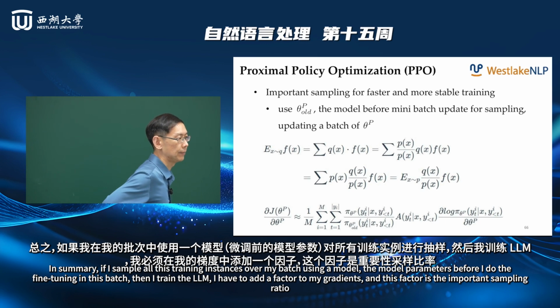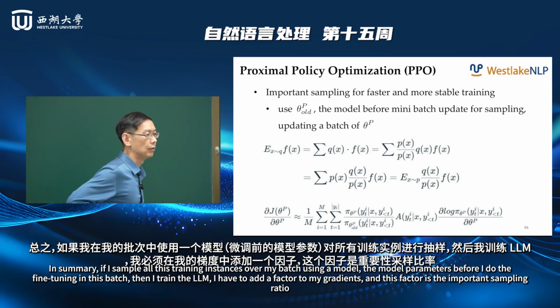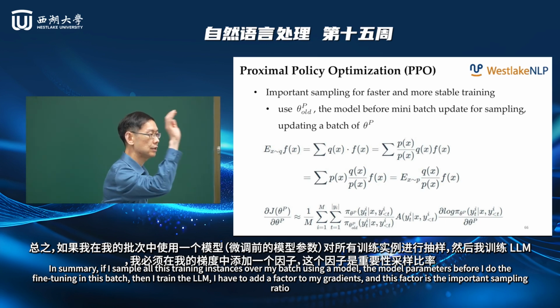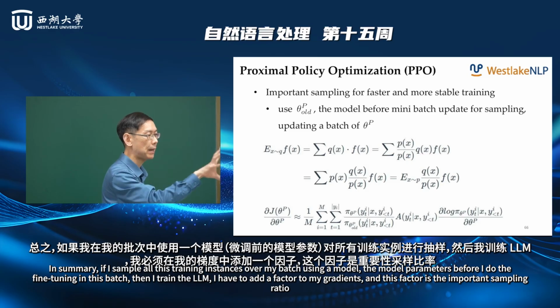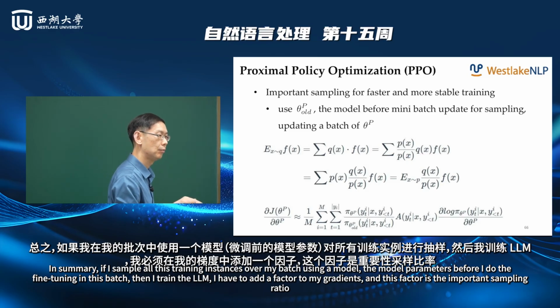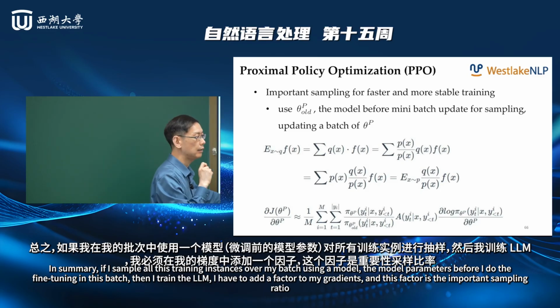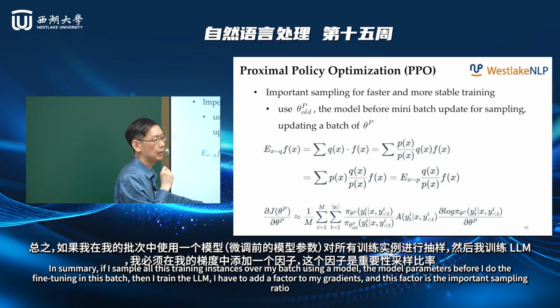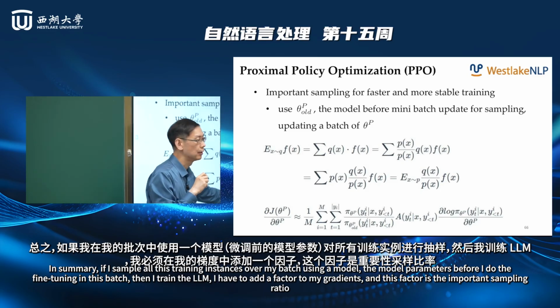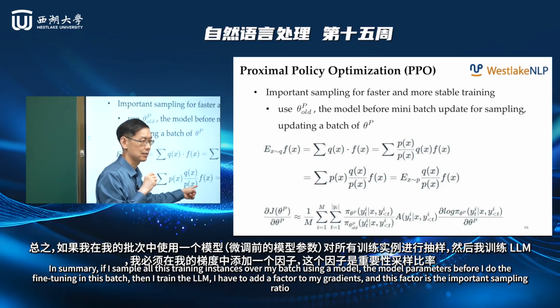In summary, if I sample all these training instances over my batch using the model parameters before I do the fine-tuning in this batch, and then I train the LLM, I have to add a factor to my gradient.